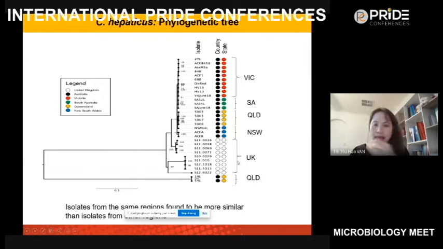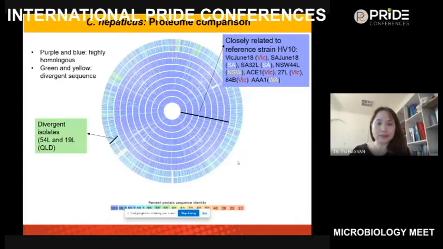So we compare, and now we also have the genome from the US as well, but we haven't included it here yet. When we did the proteome comparisons, as you can see, most of them are closely similar, very similar within the purple color, but the strains from Queensland are quite different, with a lower similarity percentage.